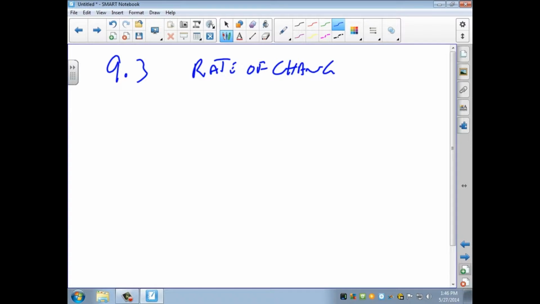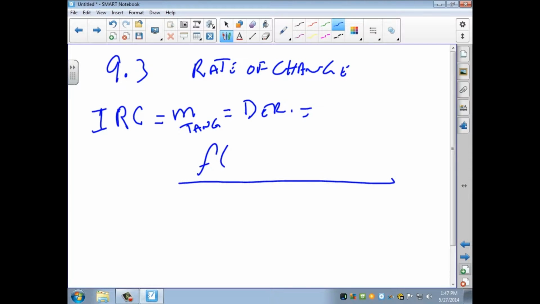And it tells you that you have instantaneous rate of change, which is the same as the slope of the tangent line to a curve, and also it is the same as the derivative of a function, and that all would be calculated as f of x plus h minus f of x divided by h.